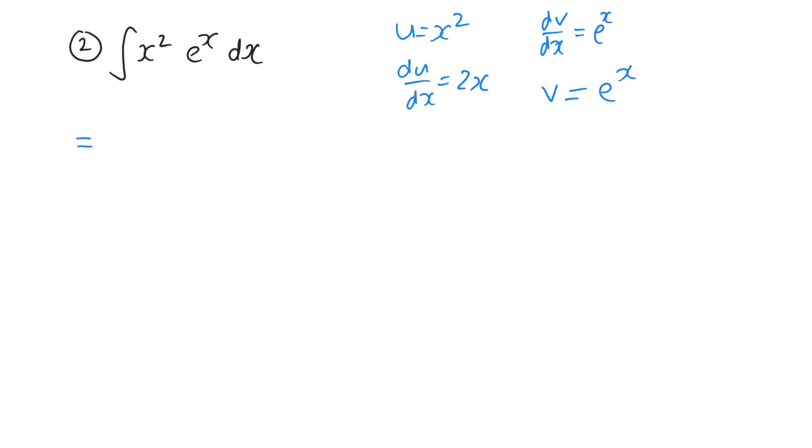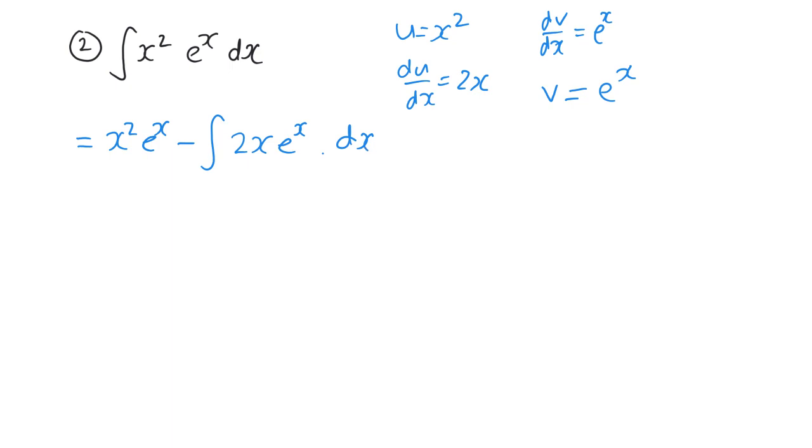So applying parts, uv, so that's x squared e to the x minus the integral of v du by dx, so that's e to the x times 2x. So 2x e to the x dx.